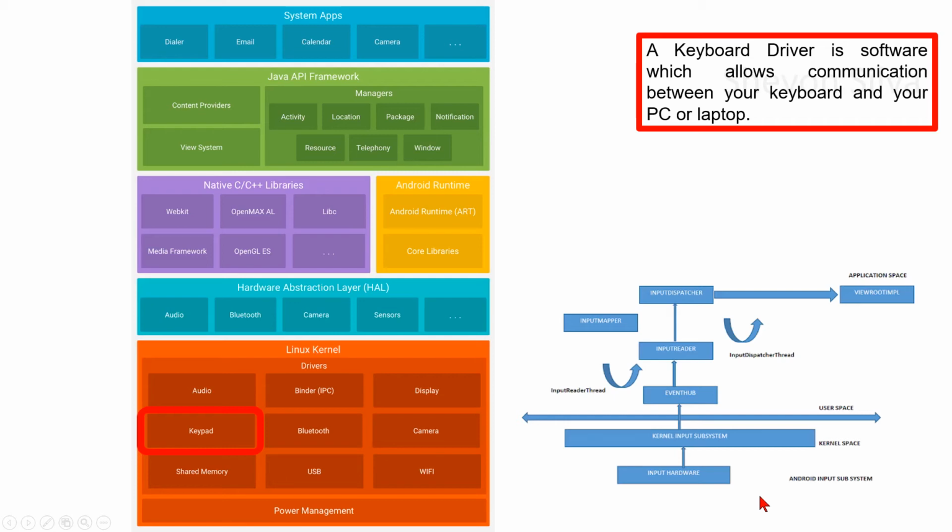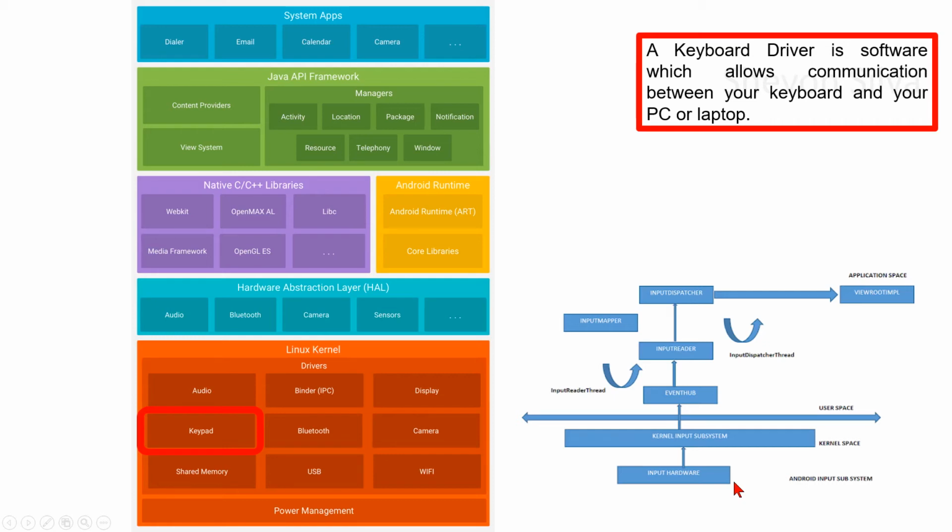As an input pipeline explanation, at the bottom level, the physical input hardware device indicates that the state of the device has changed by generating an electronic signal, such as a button or touch.